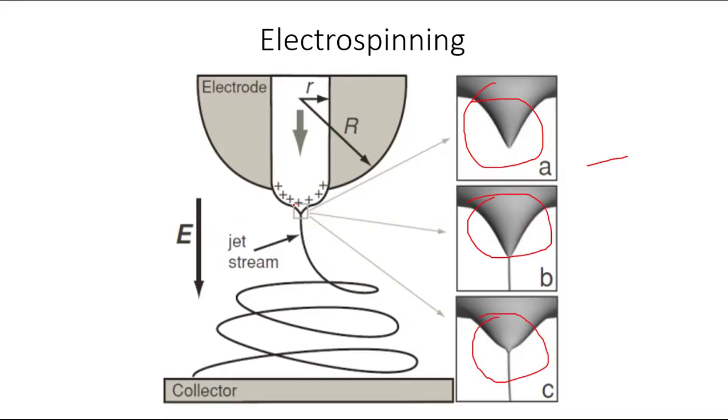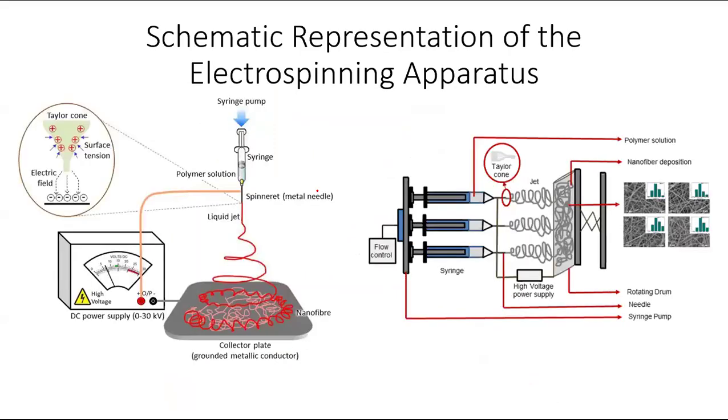So this is actually a magnified image of the electrospinning solution at the needle tip position. Okay, this diagram is important because it tells you the important things you need for electrospinning.